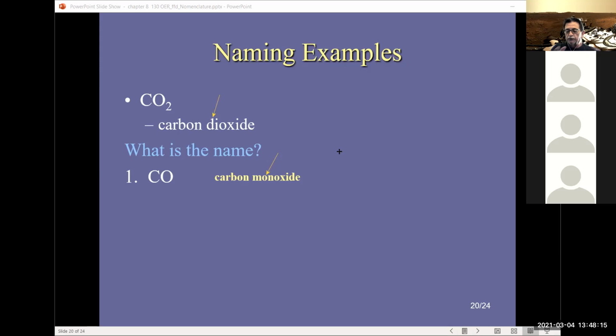We have to distinguish the difference between the two, totally different chemical properties. Okay, just like we did with the variable charge ionic compounds, we had copper 1 and copper 2. In that case, we used Roman numerals. Here, we use the prefixes for covalent compounds to distinguish the different chemicals. All right, let's try another one.